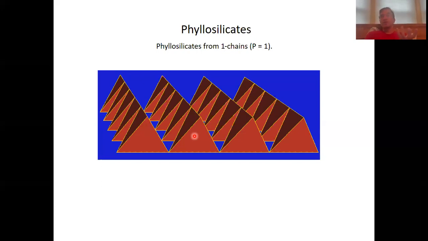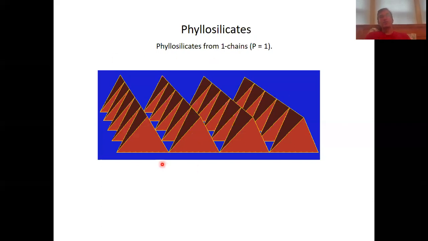So now we can think about what would be the composition of this silicate. Can anybody answer this question? The answer is that when all the oxygens are bound to 2 silicons, none of the oxygens carry a charge.